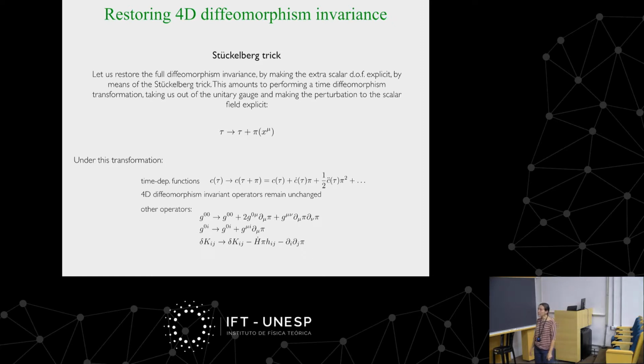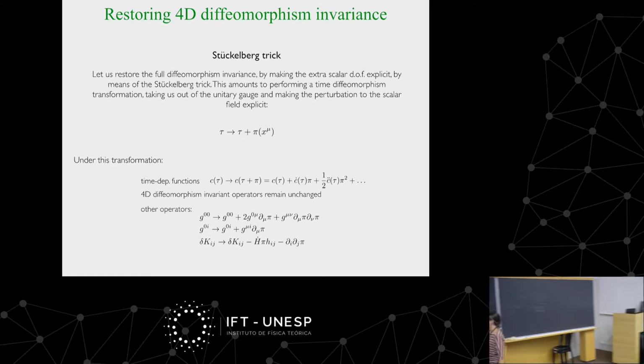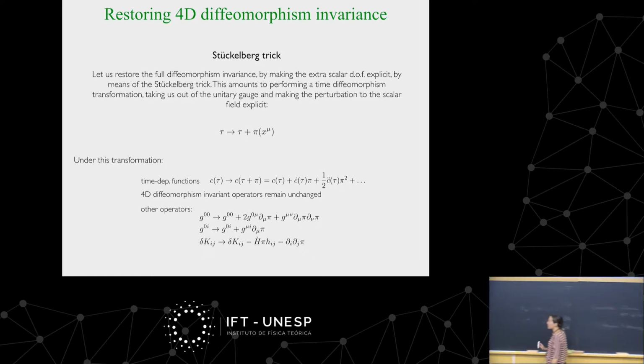Okay? And you remember that I told you the way to go to the unitary gauge was that you were taking your scalar field and writing it as the background one at the time t plus a function of, all right? I swapped between t and tau.